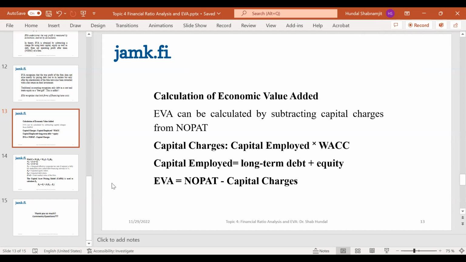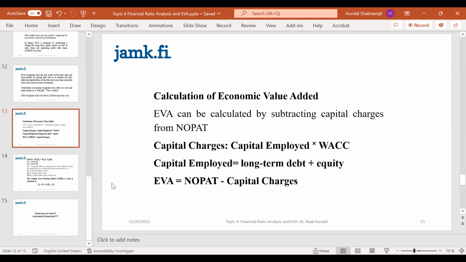So the idea is that I'm not saying that this side is good or that side is good. They all have their own way of thinking, their own philosophy. I can't say which one is right or wrong, but EVA is a classic example of the conflict between the economists and the accountants.